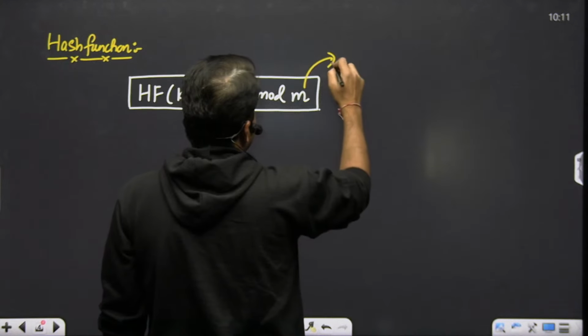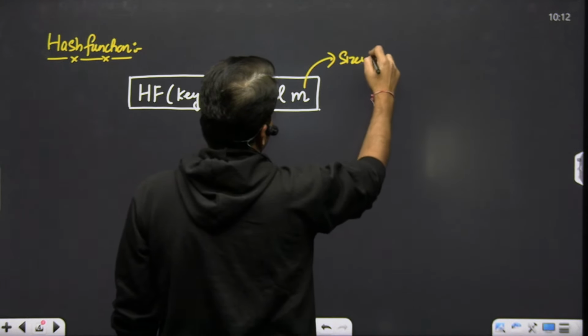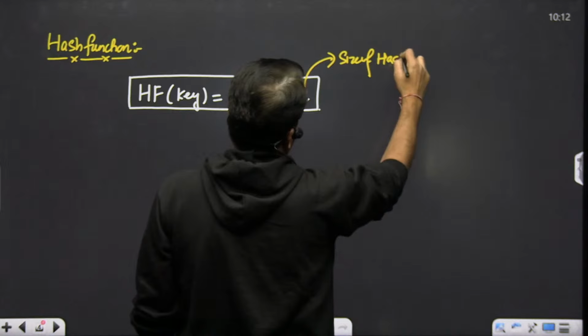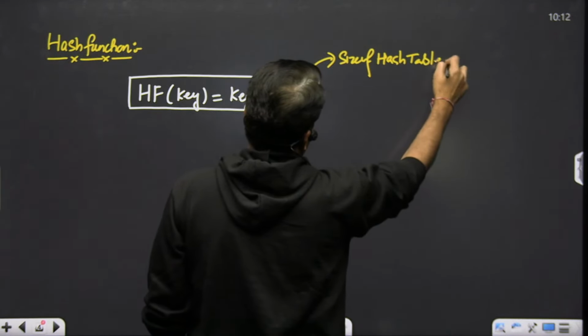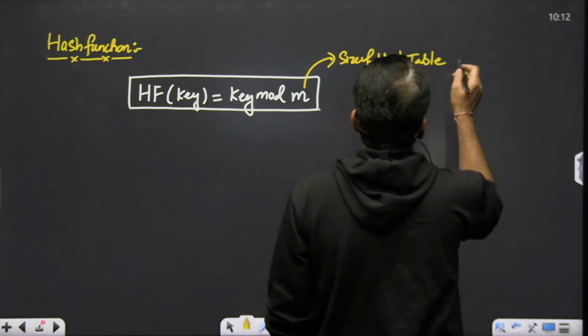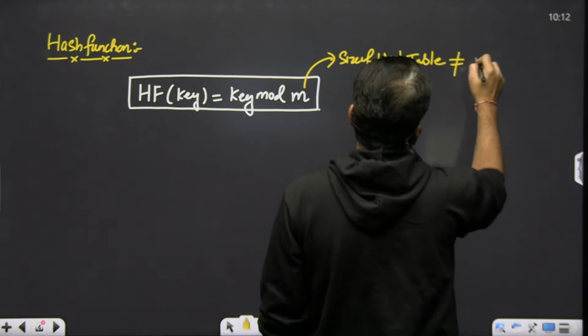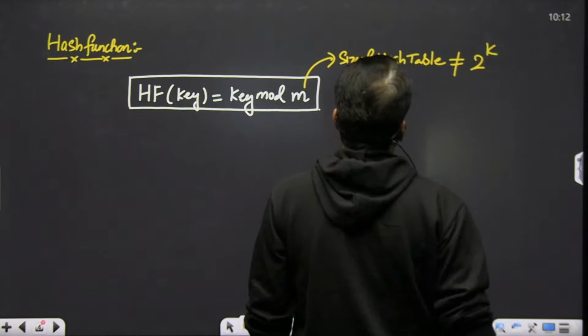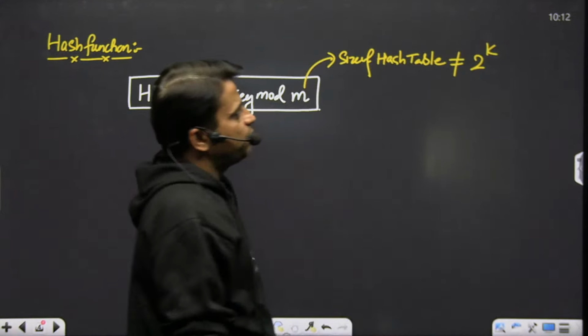This is a popular hash function, students. The size of the hash table should not be equal to 2 to the power k.